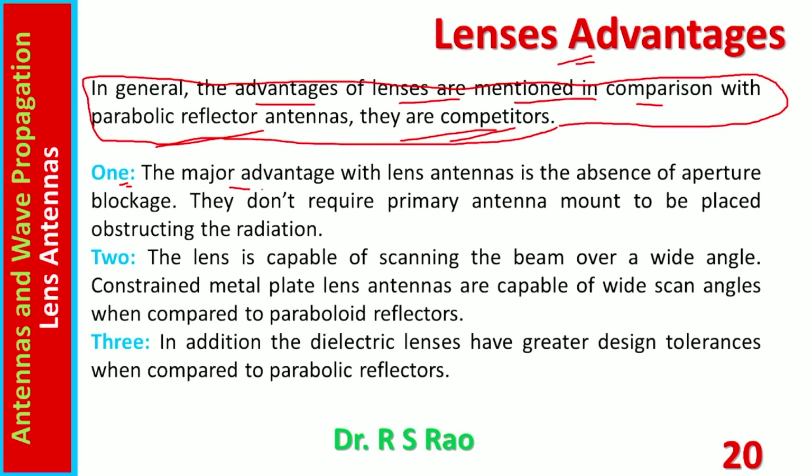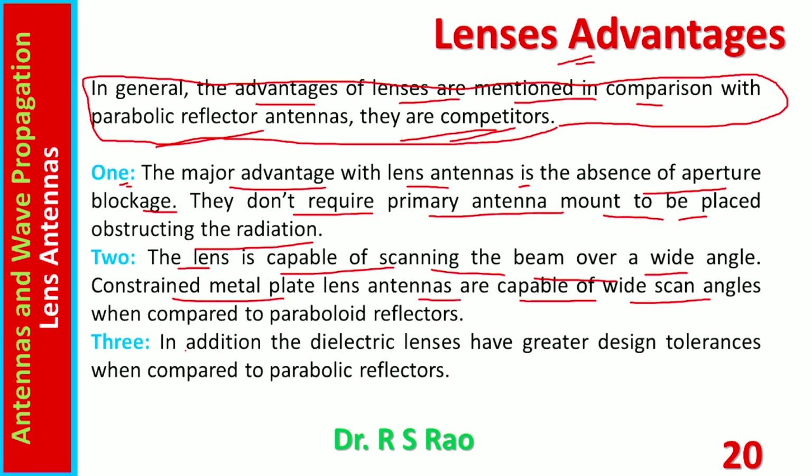One major advantage with lens antennas is the absence of aperture blockage. They don't require primary antenna mount to be placed, obstructing the radiation. Two, the lens is capable of scanning the beam over a wide angle. Constrained metal plate lens antennas are capable of wide scan angles when compared to parabolic reflectors.